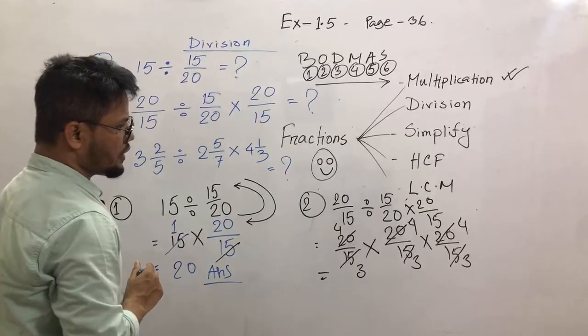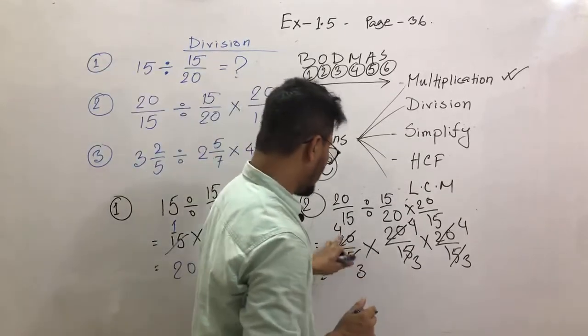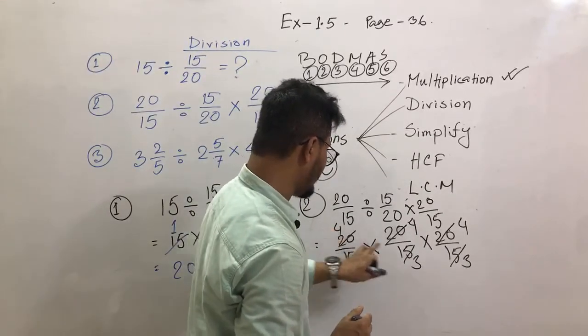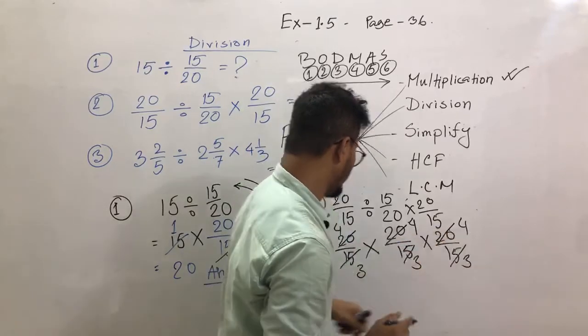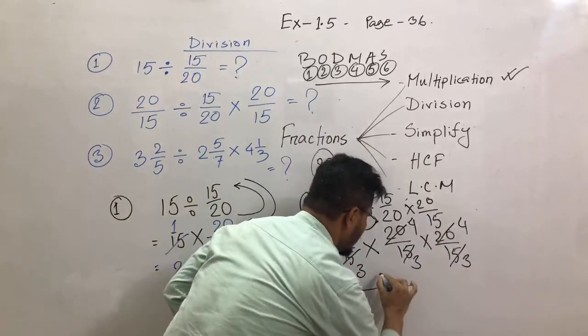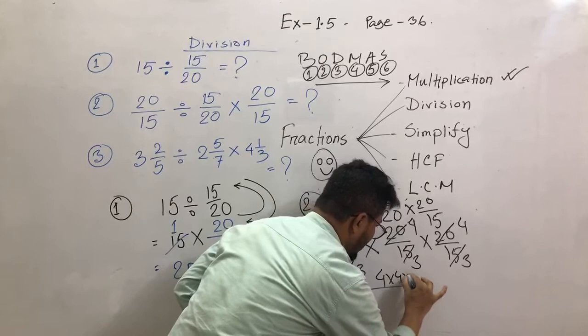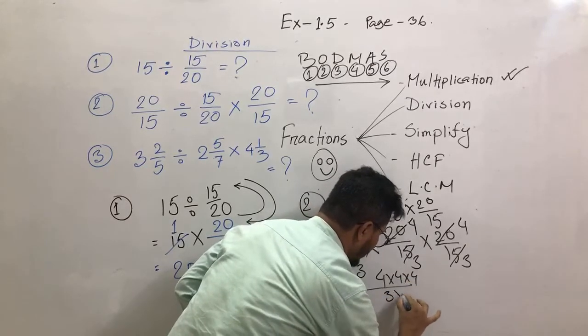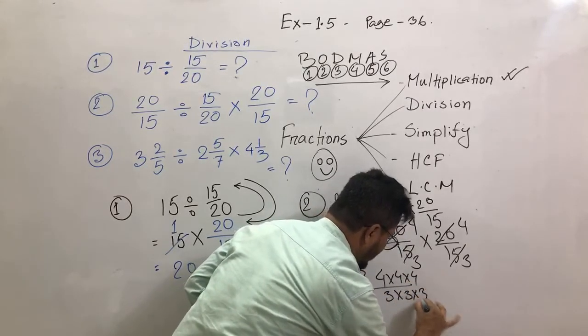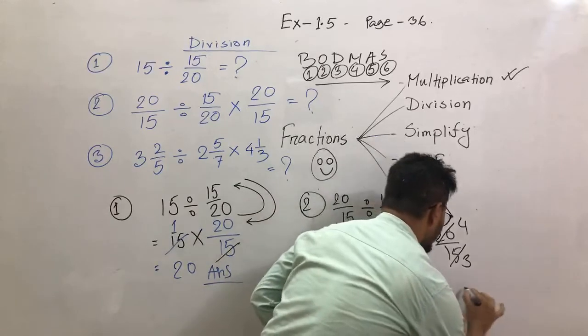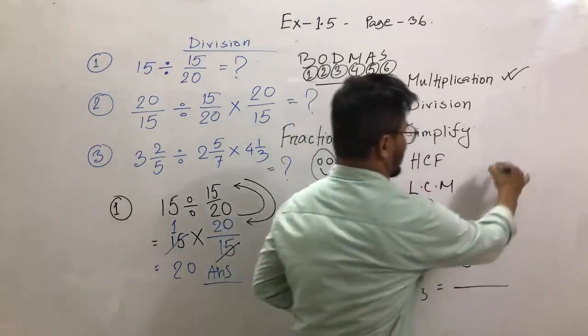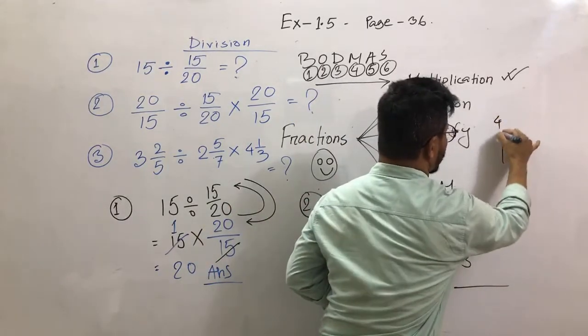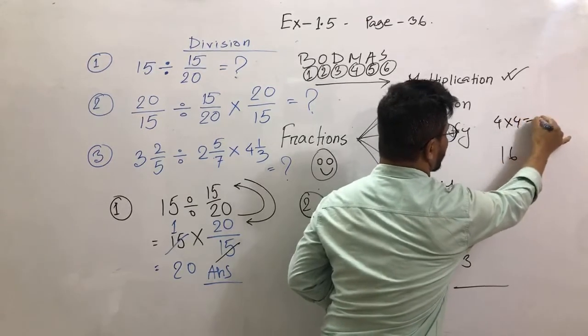So what are 16 and 4? There is now 4 multiply 4 multiply 4 in the upper side, and here 3 multiply 3 multiply 3. Our answer will be 4 multiply 4, 16.